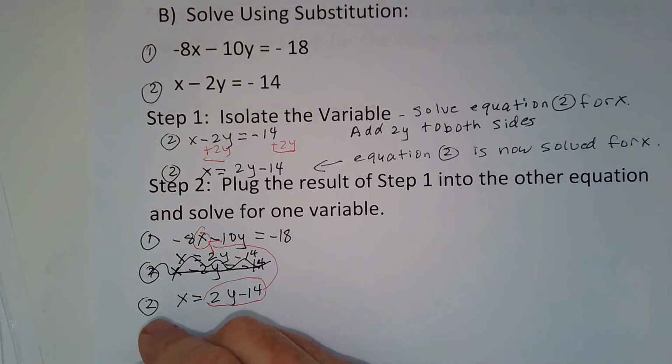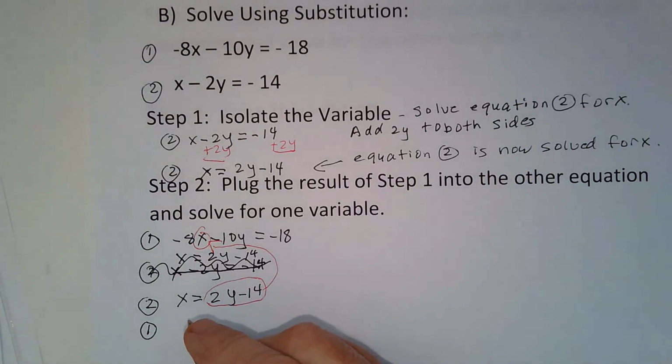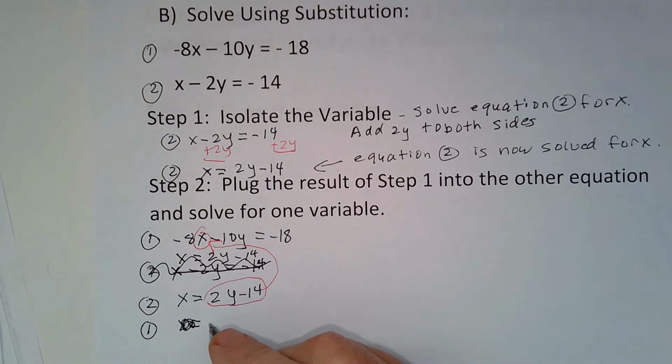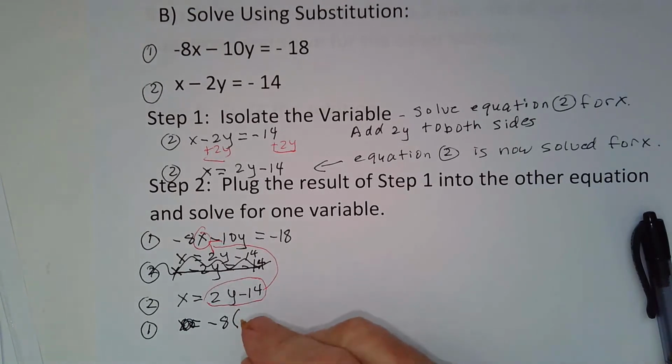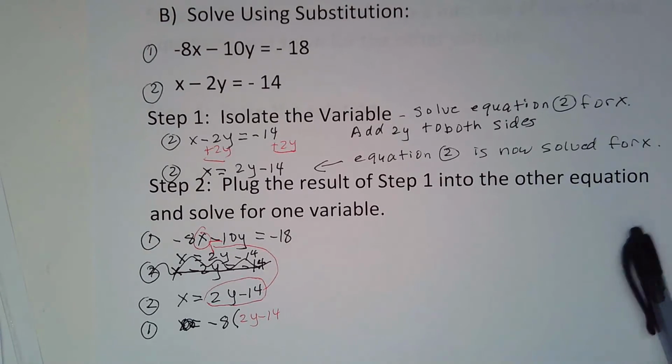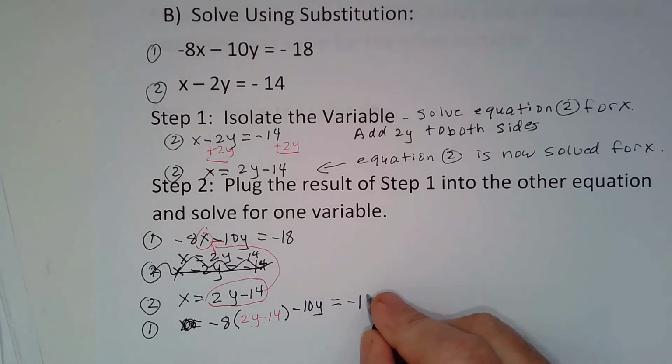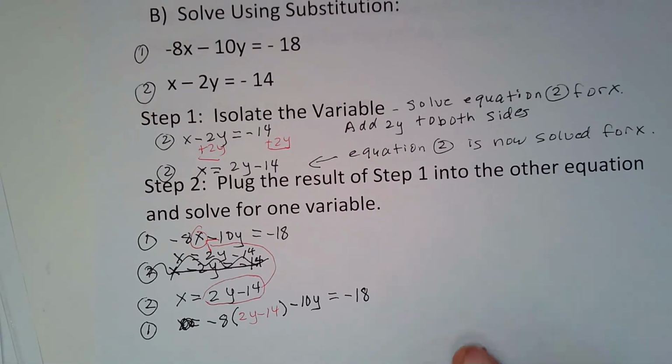And so equation 1 is going to be negative 8 times, and then instead of x, we're going to put in 2y minus 14, minus 10y equals negative 18. So now we're going to simplify by distributing.